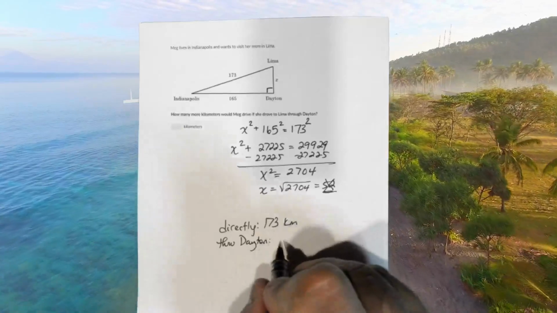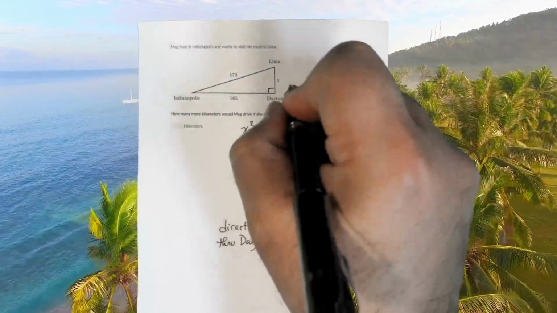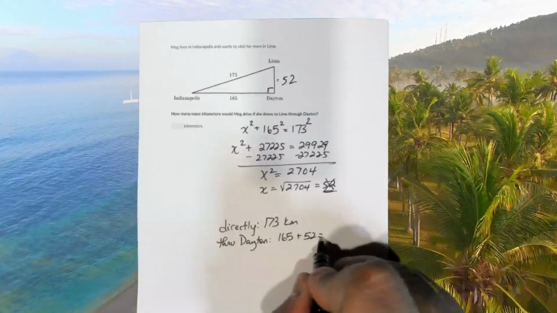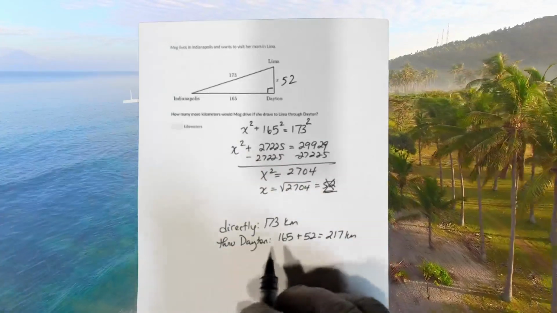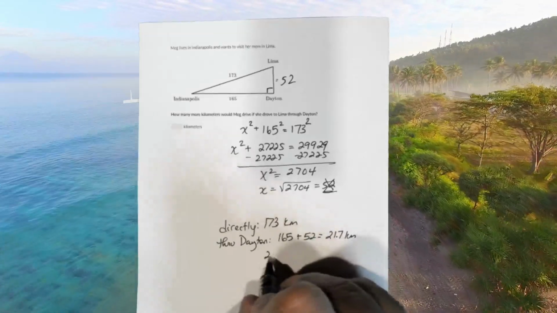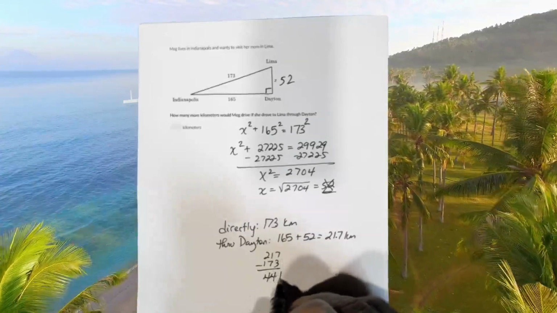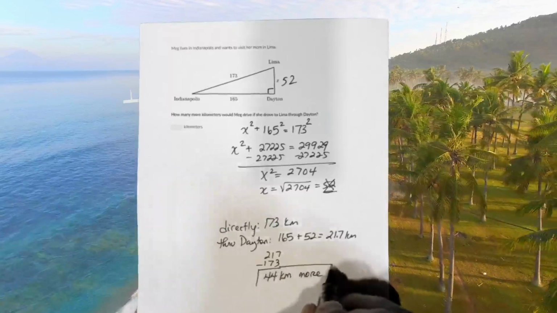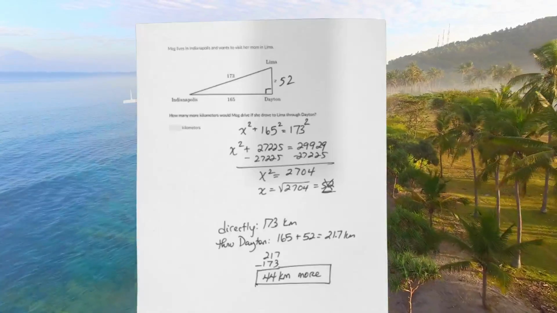So that means starting at Indianapolis, it would be 165 plus the 52 kilometers, or 217 kilometers. So to figure out how many more kilometers this way than directly, we would take 217, subtract 173, and we get 44 kilometers more if she drove through Dayton on her way to Lima instead of directly.